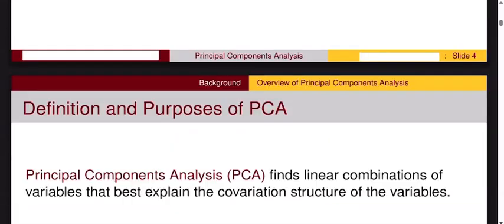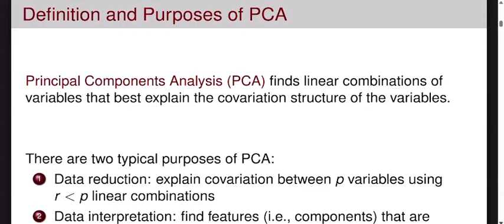Let's look at the background. What is the purpose of principal component analysis? You're going to benefit from the knowledge acquired in the study of linear combination. You remember before now, we focused on linear combination.